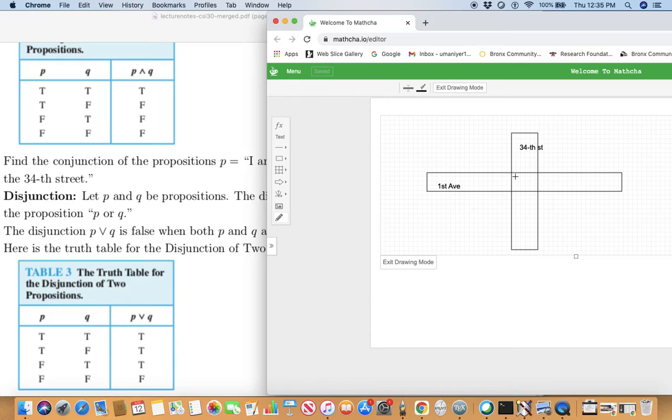So and means I am here as well as here. So that's what and means: intersection. All right.